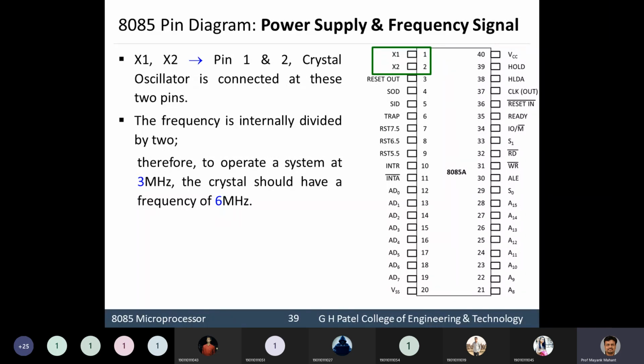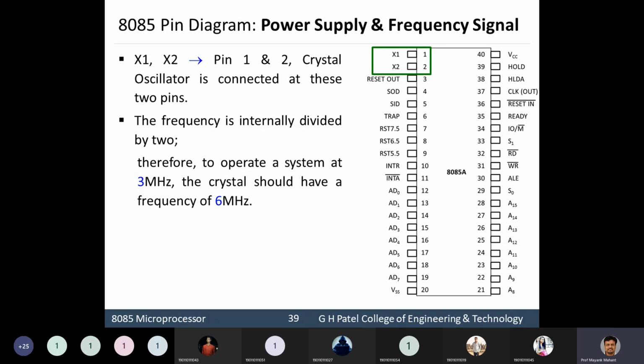Now there is a logic to why the frequency is divided by 2: the duty cycle. The crystal connected may not generate an exact duty cycle of 50%, but the microprocessor requires exactly a 50% duty cycle for its operation.